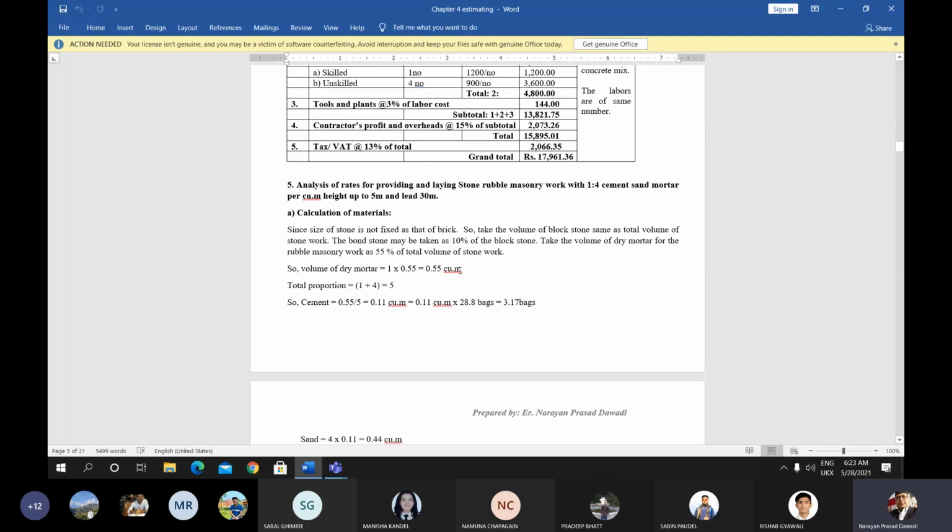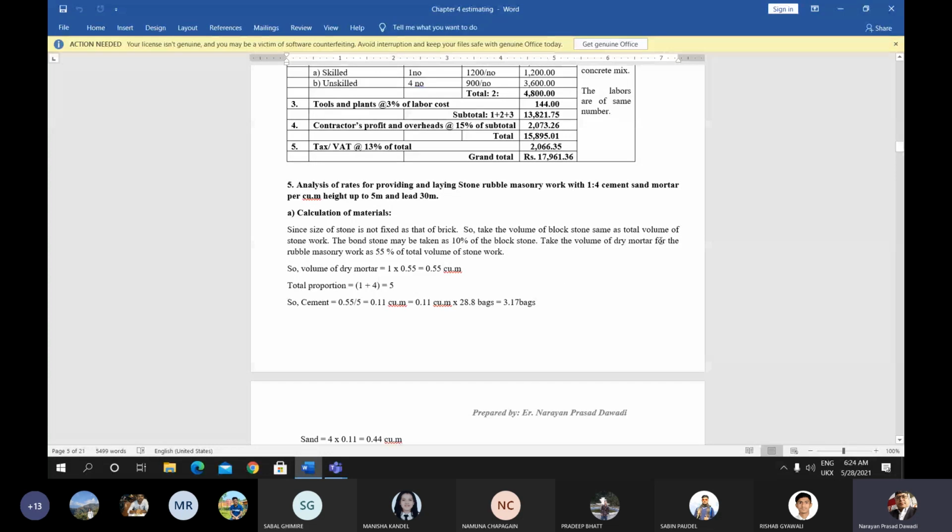So the volume of dry mortar will be found because we already know the volume of the block stone, 1 cubic meter, and 0.10 cubic meter for the bond stone. We have to find the mortar. Now 55% of the total rubble masonry work is considered as the dry volume of the mortar. So volume of dry mortar is 0.55 cubic meter.